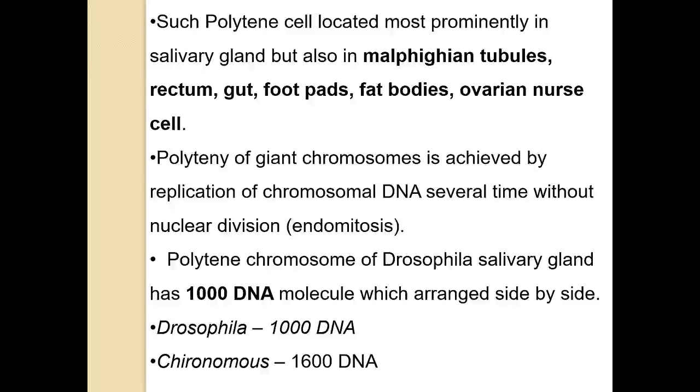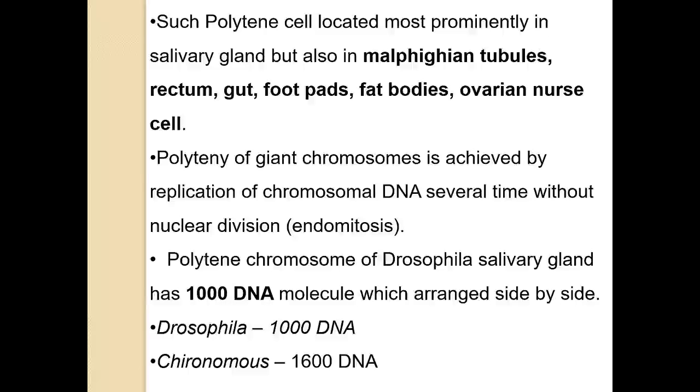Then what is endomitosis? Endomitosis is the division of the DNA but not a nuclear division. It means the replication of the chromosomal DNA takes place, but the nuclear division does not take place. That is endomitosis, and due to that the polytene chromosome forms.